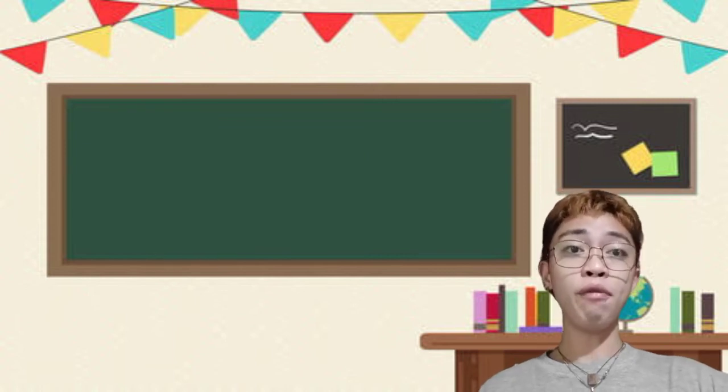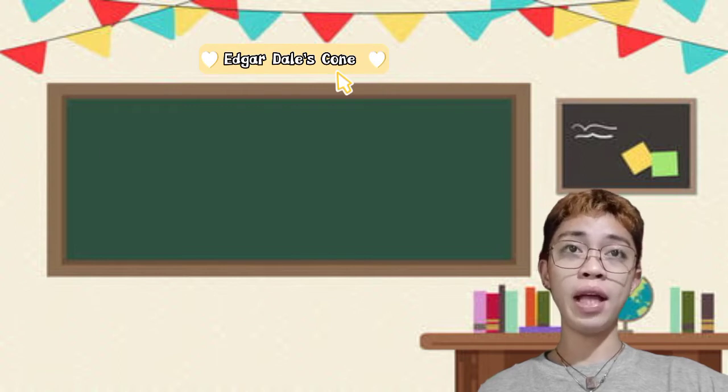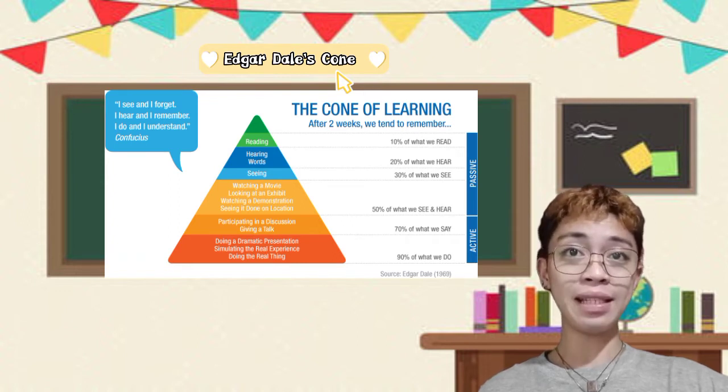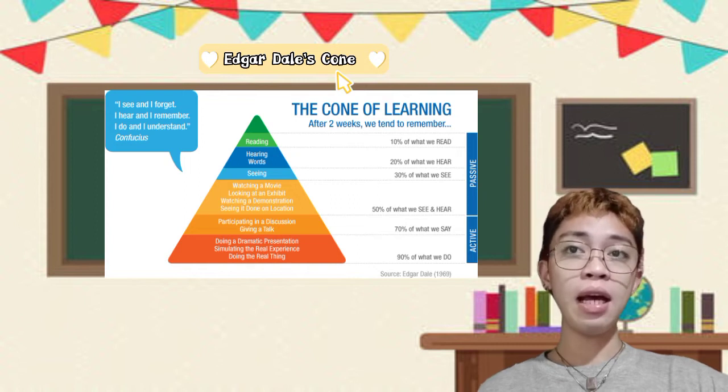The first theory is Edgar Dale's cone, which states that Dale's cone of experience is a model that incorporates several theories related to instructional design and the learning process. During the 1960s, Edgar Dale theorized that learners retain more information from what they do as opposed to what is heard, read, or observed.